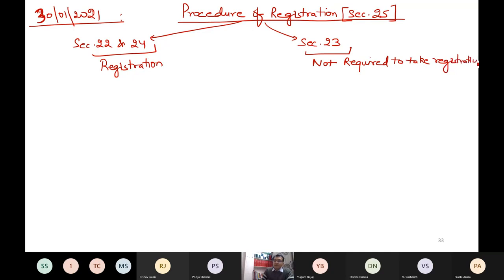That means section 25 is not applicable to these people, because when someone is not at all required to take registration, what is the benefit of reading section 25 for them? So 25 is required to be read only for those who are covered under 22 and 24.